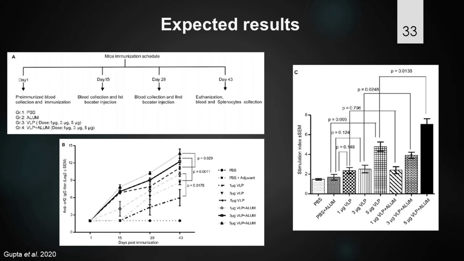Figure A is a schematic of the mice immunization schedule to evaluate the immunogenic potential of the VLPs, as you can see.